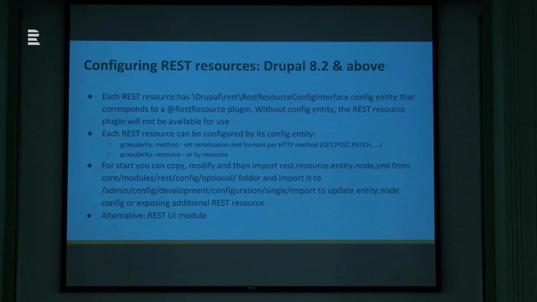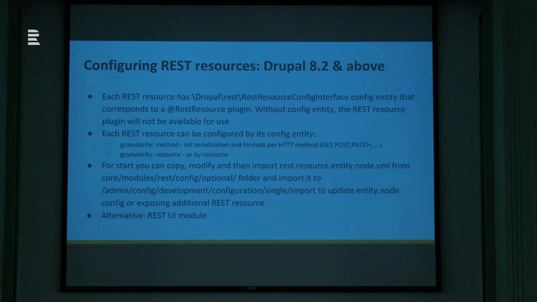In Drupal 8.2, each REST resource has a config entity that corresponds with the resource plugin. And without the config entity, the REST resource will not be available for use. You can also now configure the granularity based on method or resource.